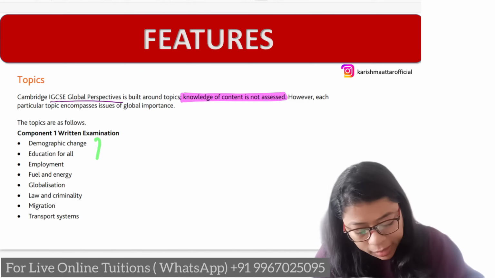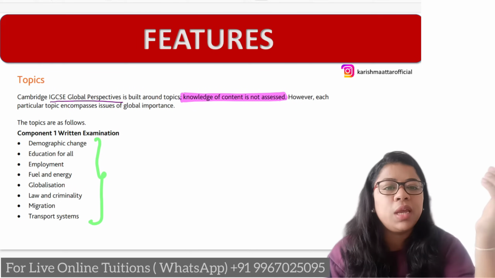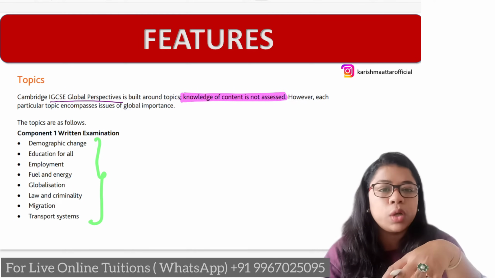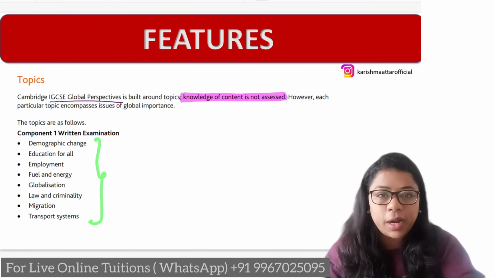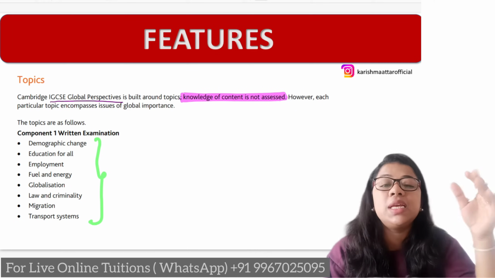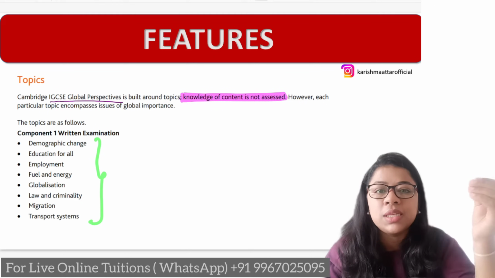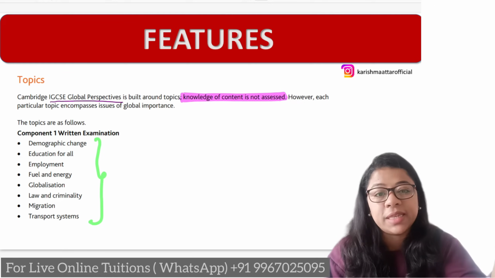So technically you should be aware of these concepts, what's happening in the real world. So when we conduct the classes for global perspective, we take up a topic, take up a source, and discuss it with the child, so that thinking ability is developed in the class, because it is technically not possible to develop this thinking ability in that 1 hour 15 minutes of global perspective examination.